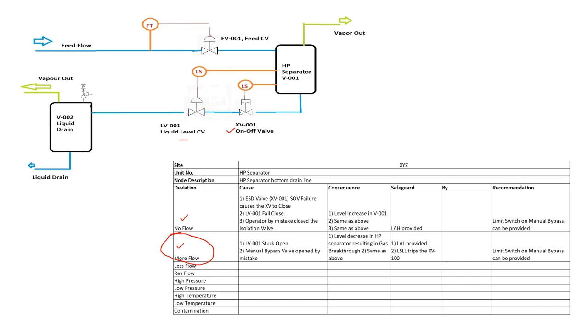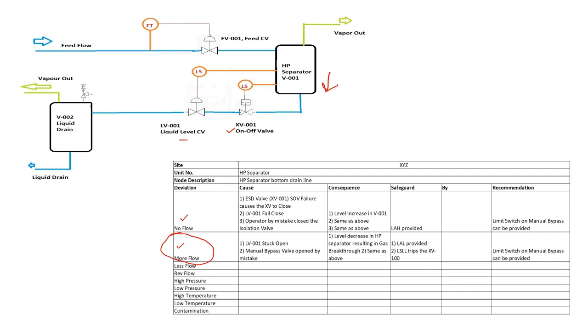This may happen when this LV001 is stuck open and not getting closed, or the manual bypass valve across this liquid control valve is accidentally opened by mistake. In the case of more flow, what will happen? Level will decrease in this HP separator, resulting in gas breakthrough. Okay, so this is an undesirable situation.